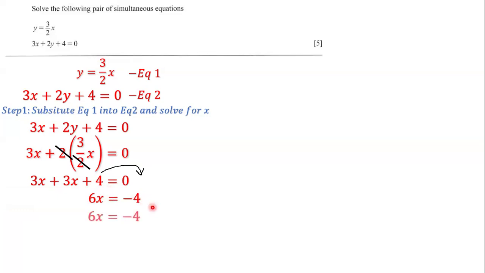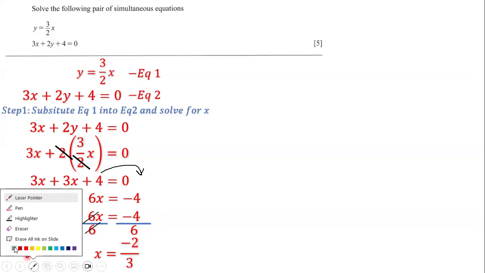What we're going to do here is divide both sides of this equation by 6. This 6 cancels with this 6, and we get that x is equal to negative 4 divided by 6. Then we reduce the fraction, or write it in lowest terms.